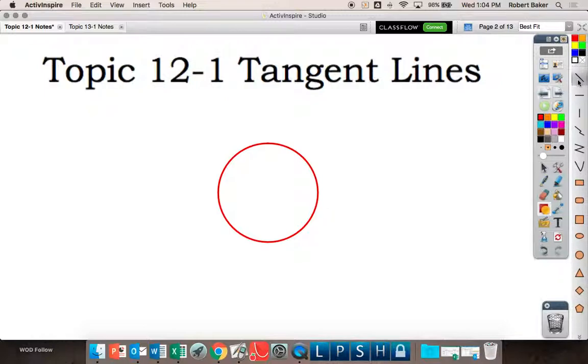what is a tangent? Anybody? Tangent is when you have a line that intersects a circle at one point.